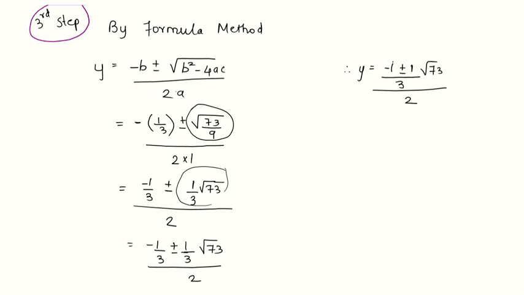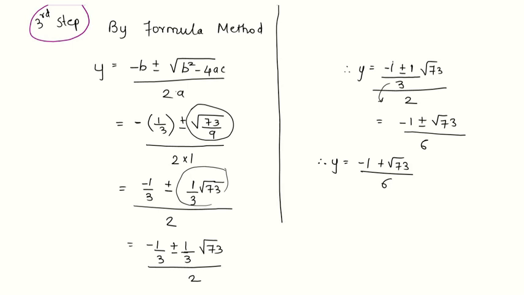When this 3 comes down in the denominator and gets multiplied by 2, we get 6. So y is equal to minus 1 plus root of 73 divided by 6, or y is equal to minus 1 minus square root of 73 divided by 6.